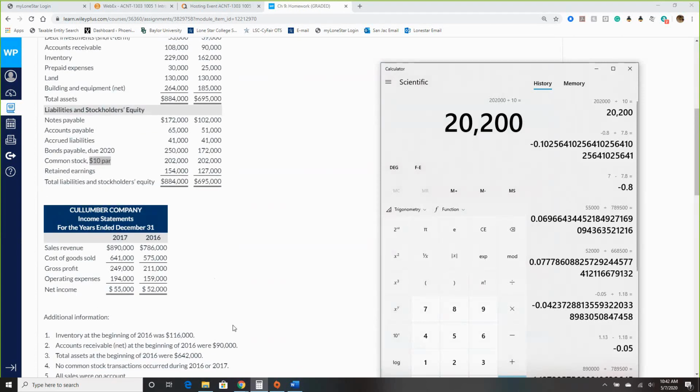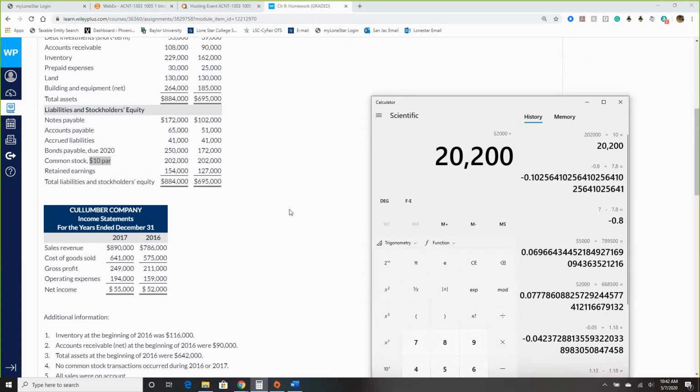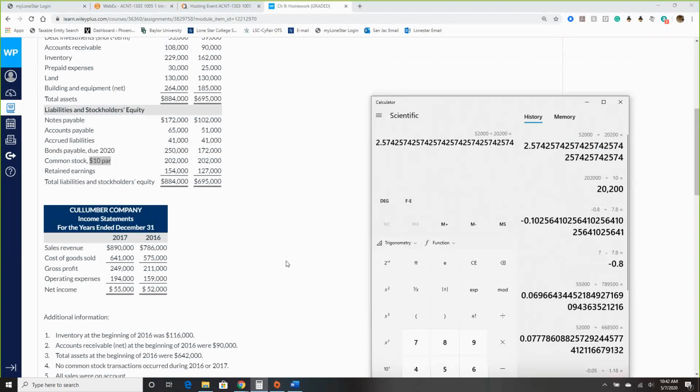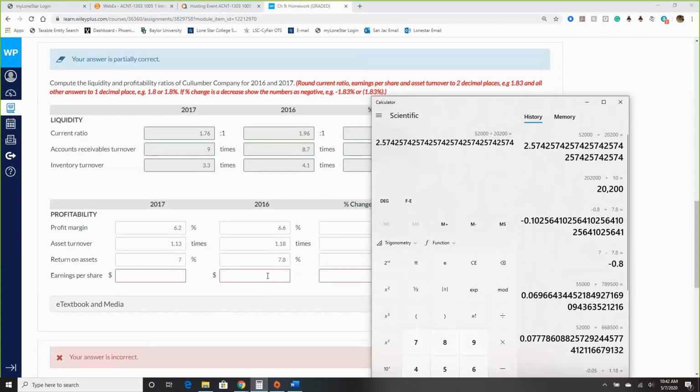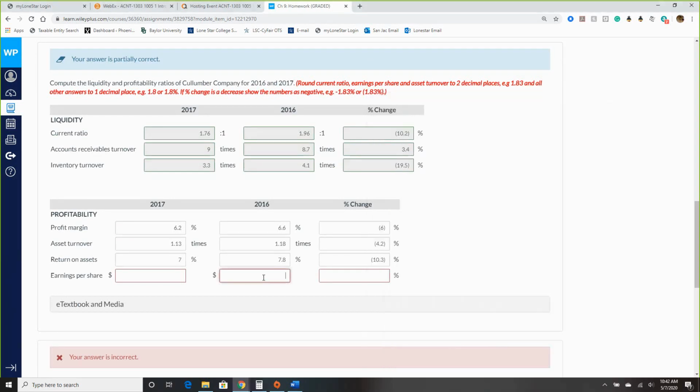So it's going to be the same amount. 52,000 divided by 20,200 equals 2.57. In 2 places the dollar, so it's always the cents anyway. 0.57.